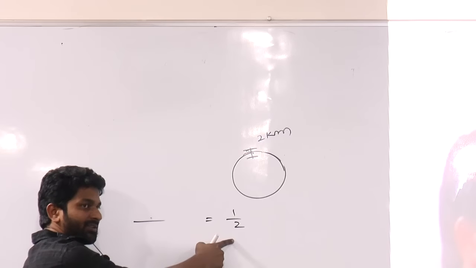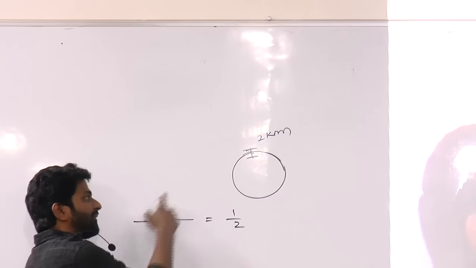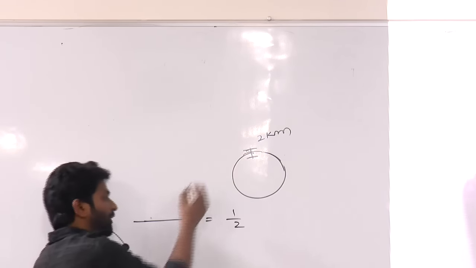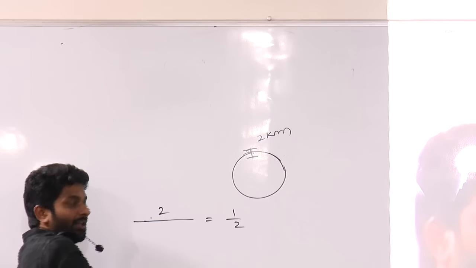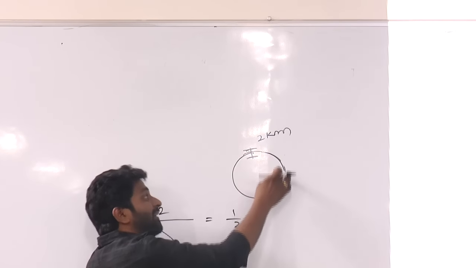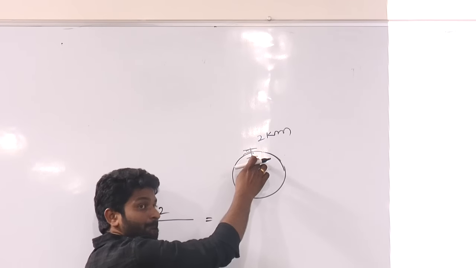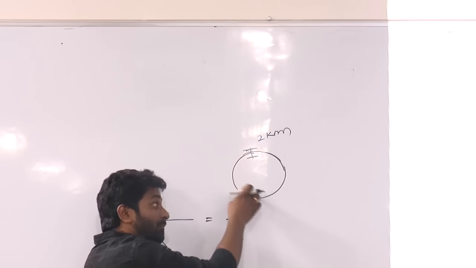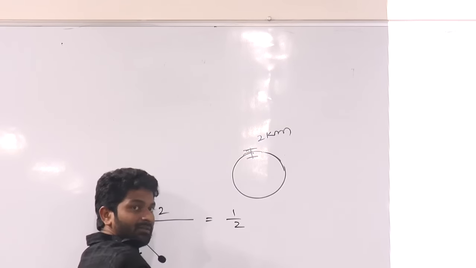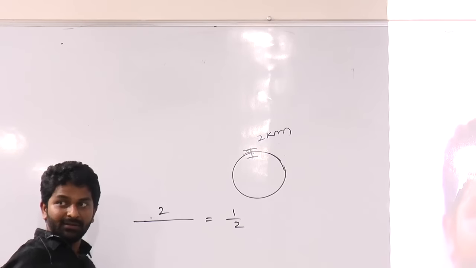So this is time difference. Distance between two persons is 2 kilometers. If the faster one wants to meet the slower one, as they both are moving in same direction, you must take relative speed.